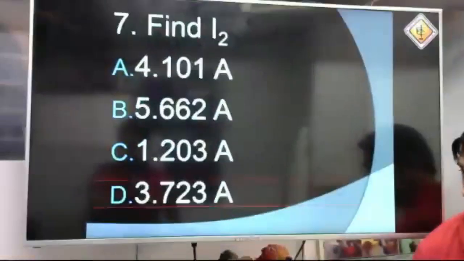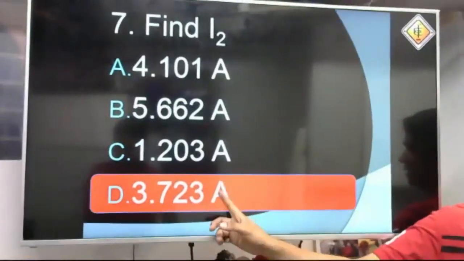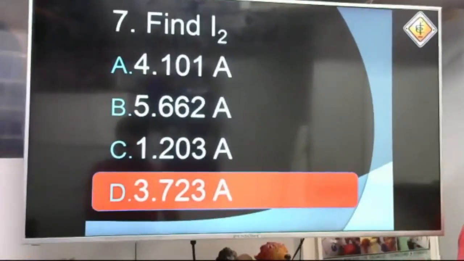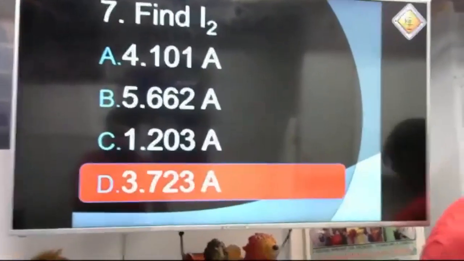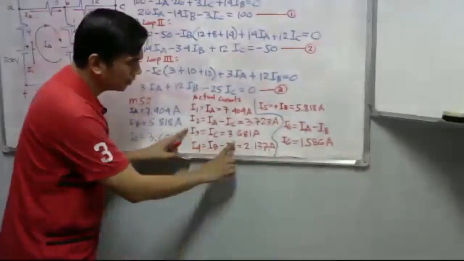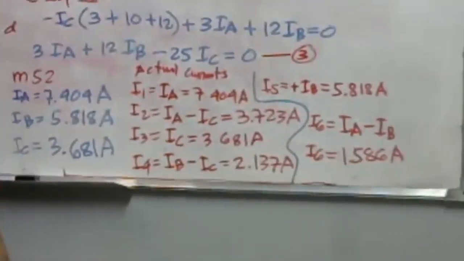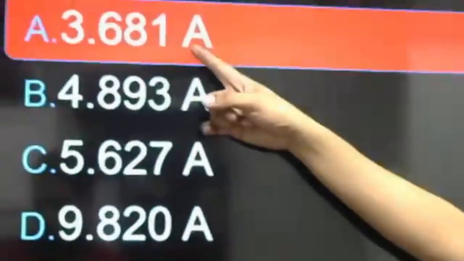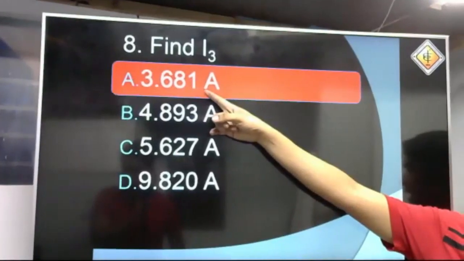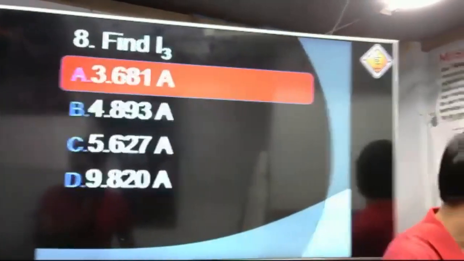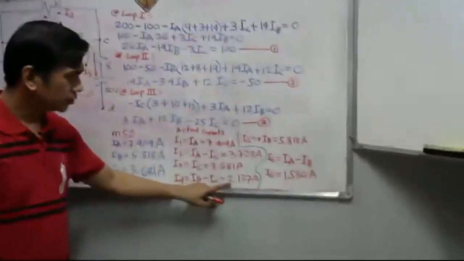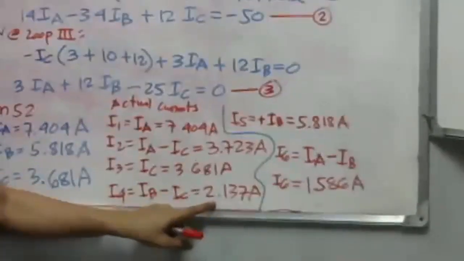There you are. The answer is letter C. What about I sub 3? Our answer on the board is 3.681. There you are. I sub 3, 3.681. That's correct.